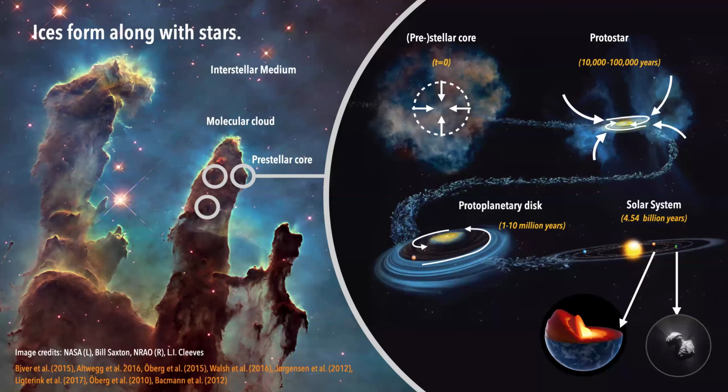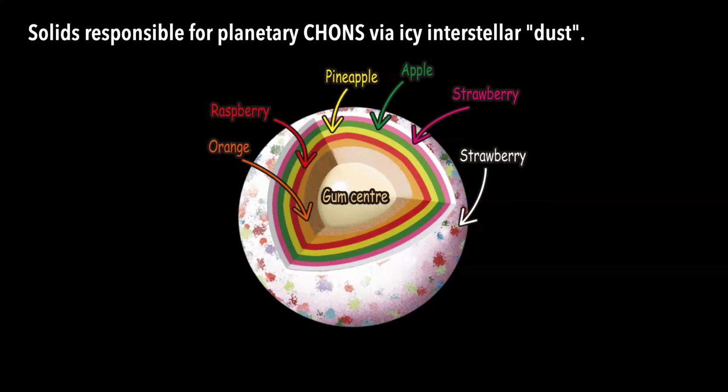So if we're looking at the ices that form in these molecular clouds, they start to assume a sort of gumball-like structure. So in this gumball, you have a center which contains the gum, and then layers of different flavored candies on top of it.